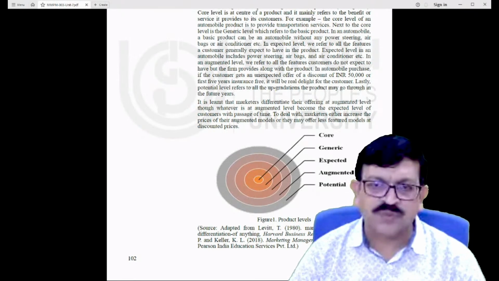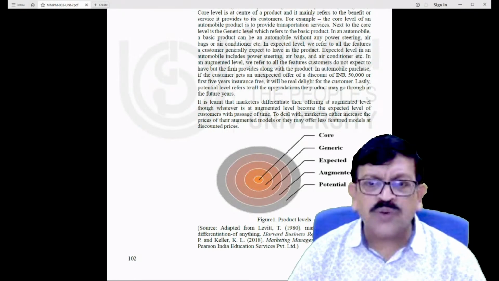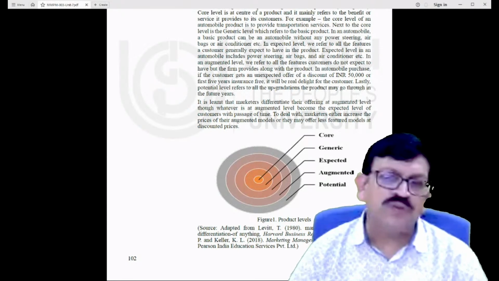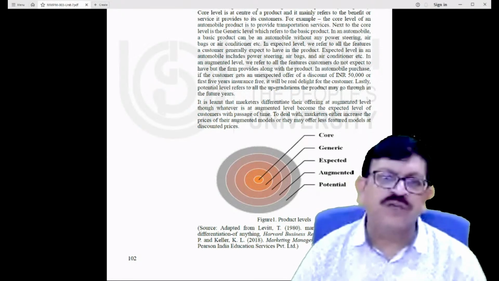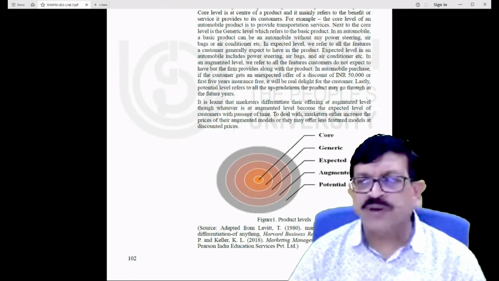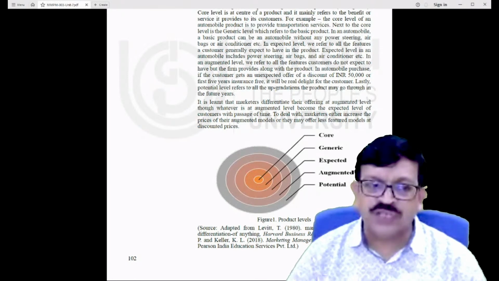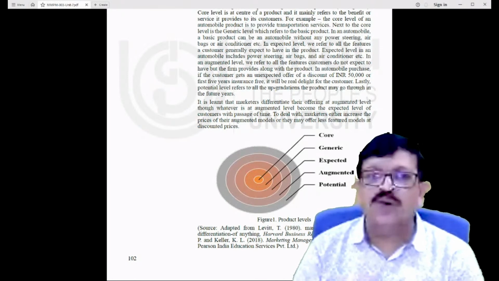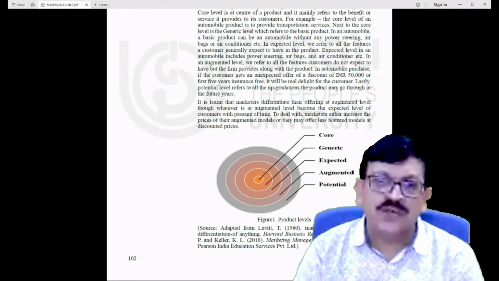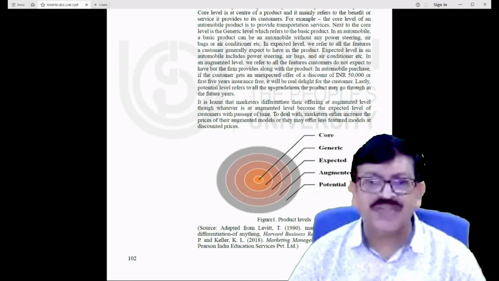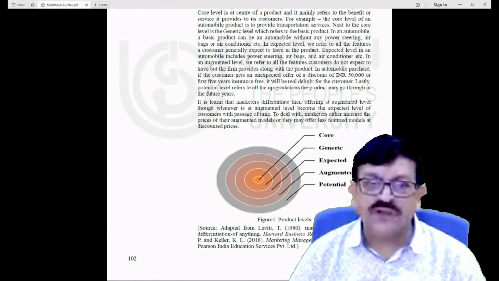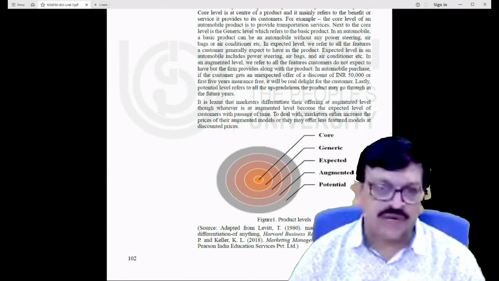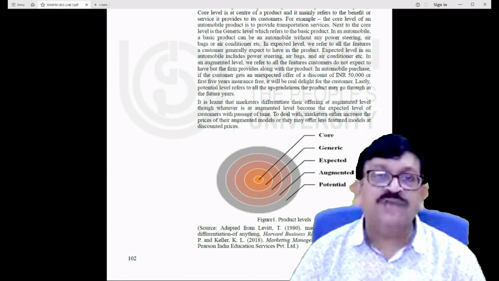among the customer groups. If you look at the potential level, this is more of a futuristic point of view, because every product, as you know, undergoes change by bringing in new things. In product modifications, we have seen that whenever we want to modify certain things, we need to add certain attributes, keeping in mind future requirements.